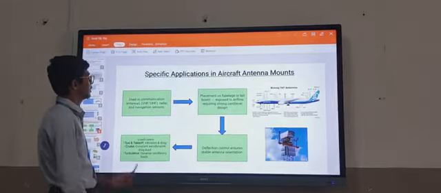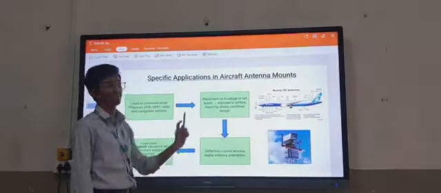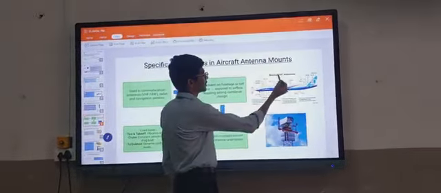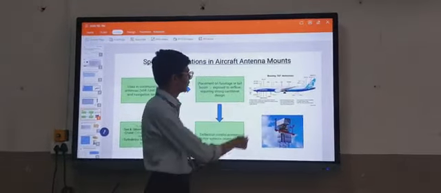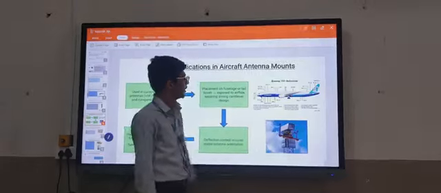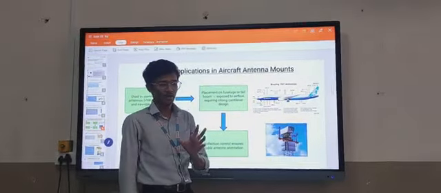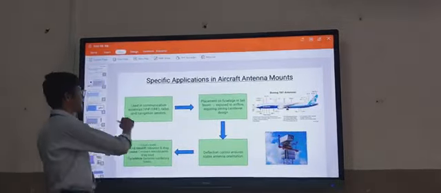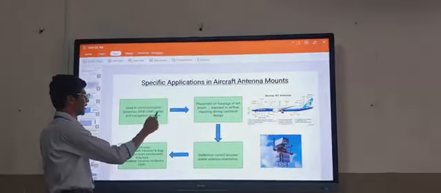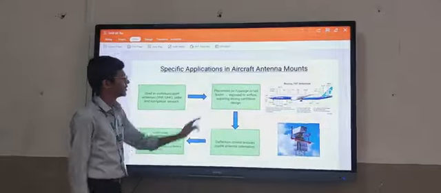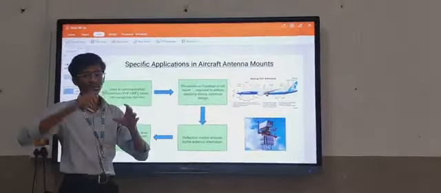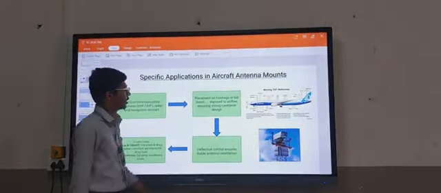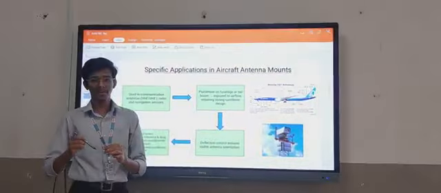Next slide. Here are the special applications in aircraft antenna mounting. Here you can see the Boeing 787, with more than 10 antennas on it, also made of lightweight materials like aluminum and titanium. The uses are communication antennas, weather radar, and navigation sensors placed on the fuselage or the tail of the aircraft, and they also have a strong cantilever design.